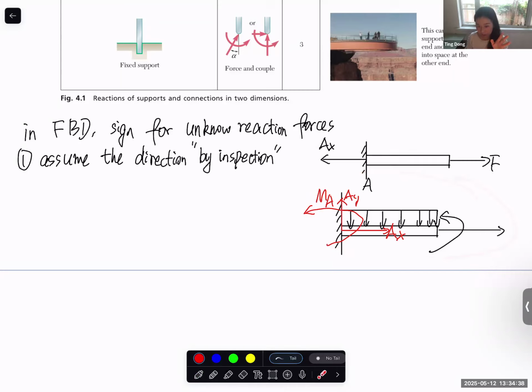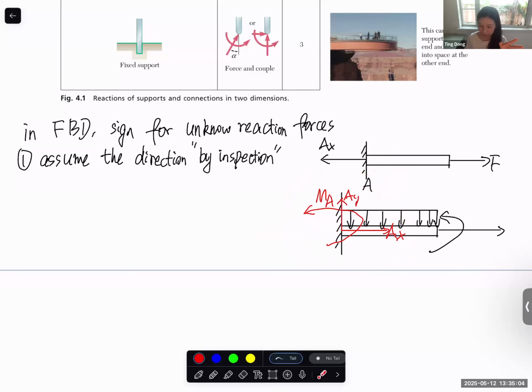And again, if you calculate, for this one, a negative value, it means that the actual reaction force is in the opposite direction of this positive x direction, right? If you get a positive value, of course, it's the same direction. And the same thing for the moment. If in the end you get a negative value, it means that the actual reaction moment should be in this clockwise direction.